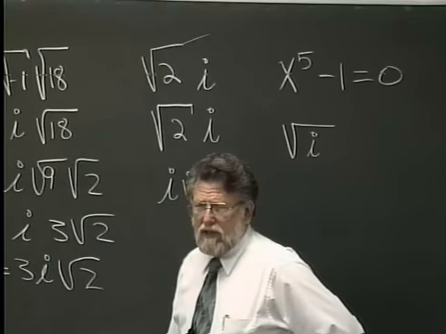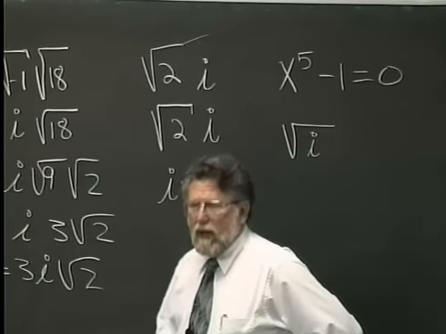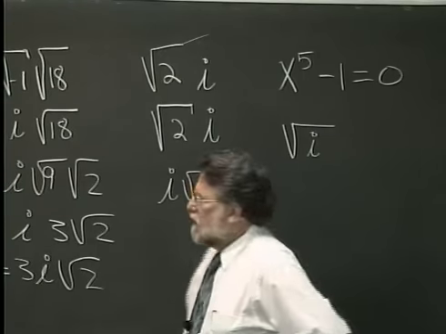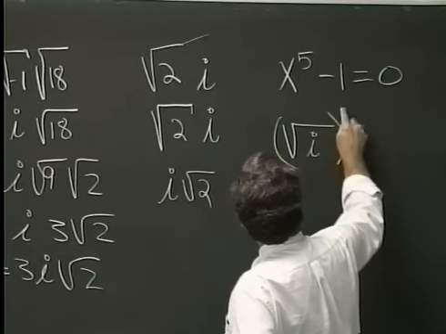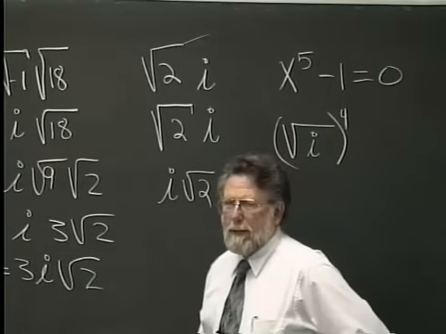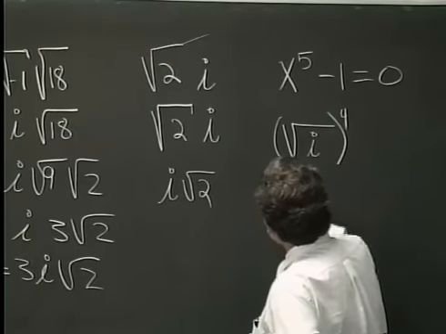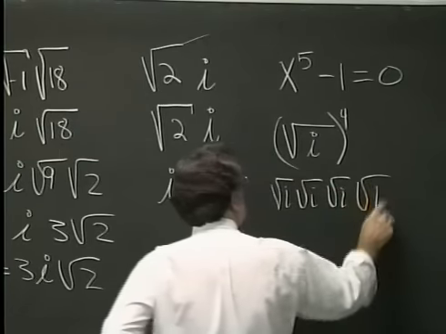Now, if I took the square root of i and then squared it, I would get i. So if I take this to the 4th power, then I have the square root of i times the square root of i times the square root of i times the square root of i.